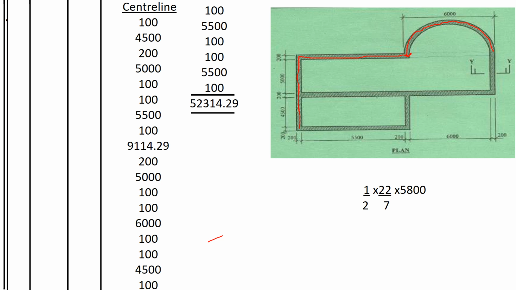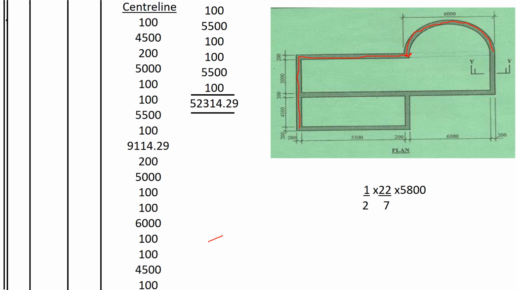So to find the circumference of that semicircle, it shall be a half pi d, and the d is 5900.